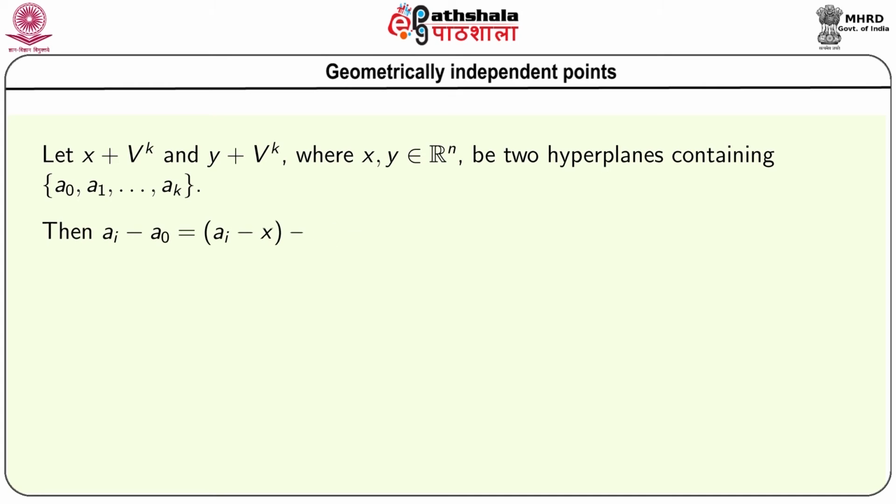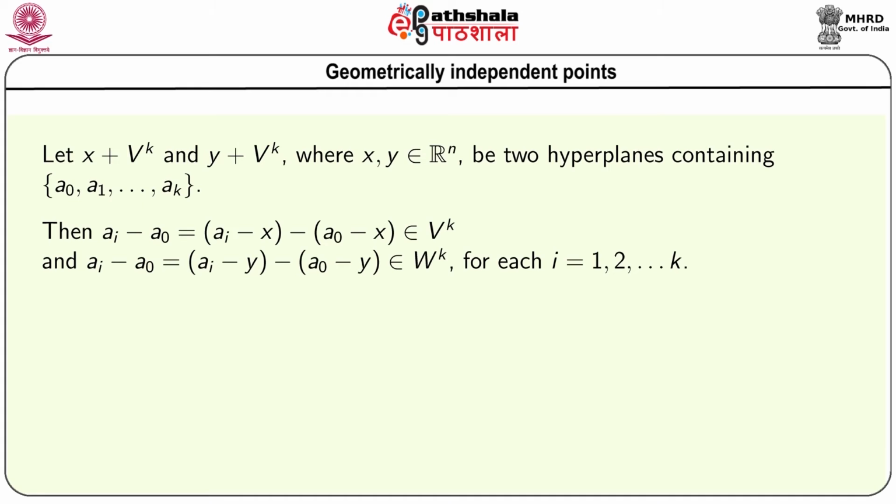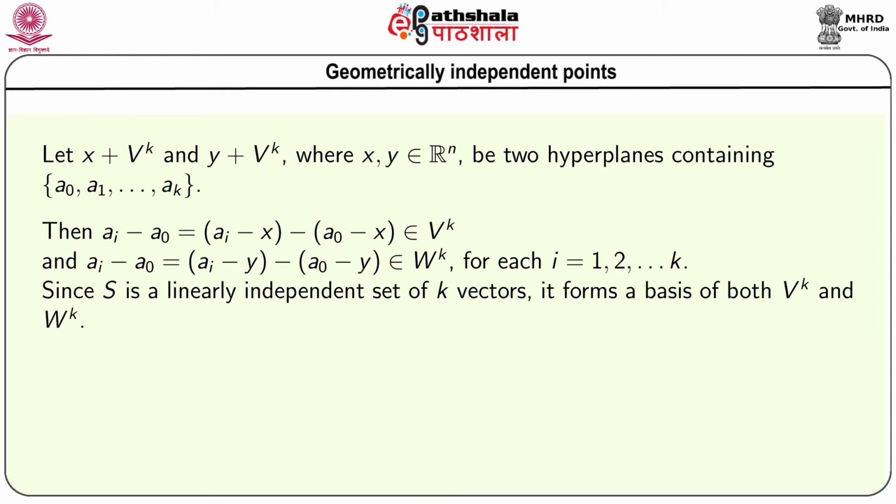Then Ai minus A0 equal to Ai minus x minus A0 minus x, and that is a point in Vk. And similarly, Ai minus A0, which is Ai minus y minus A0 minus y, is a point in Wk, and this is true for all i from 1 to k. Since S is a linearly independent set of k vectors, it forms a basis of both Vk and Wk, and this leads to the conclusion that Vk and Wk are equal.